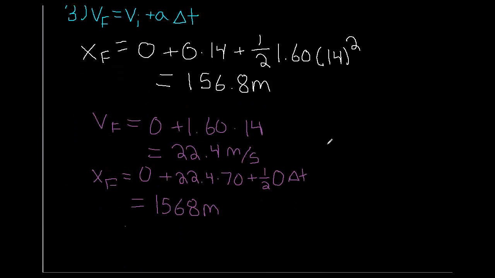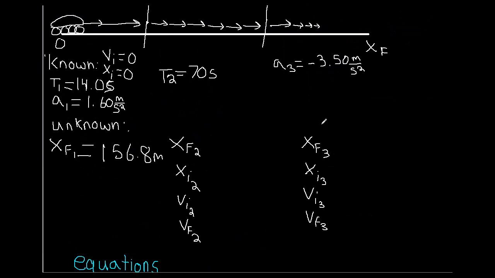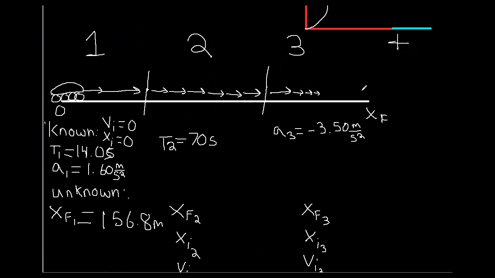What we do know, however, is that for stage 3, the final velocity is 0. And we also know the initial velocity was 22.4, since there was no deceleration in stage 2. It stayed 22.4, it ended 22.4 meters per second.